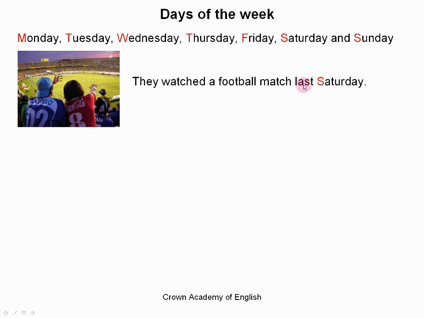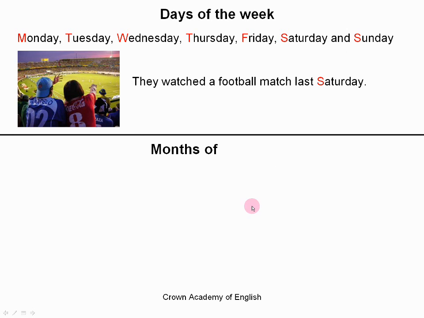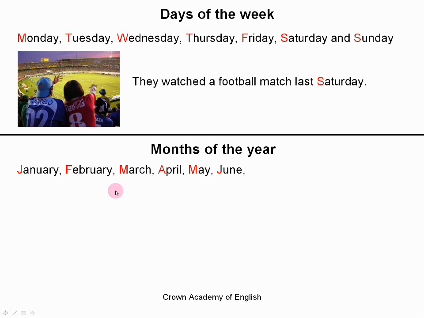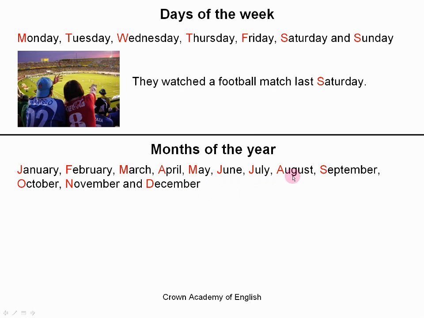They watched a football match last Saturday, and we spell Saturday with a capital S. Months of the year: January, February, March, April, May, June, July, August, September, October, November and December.